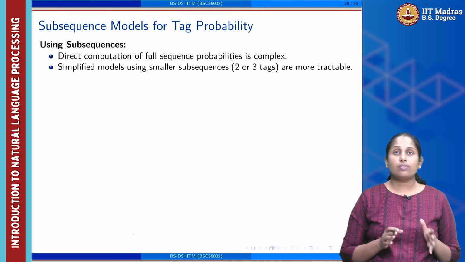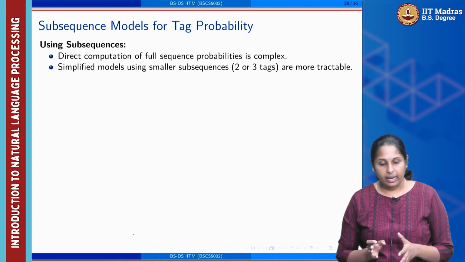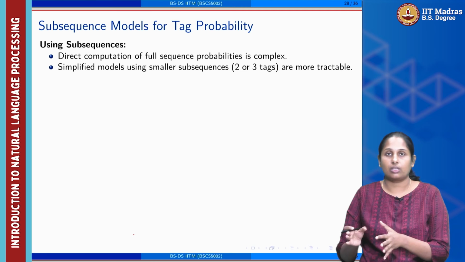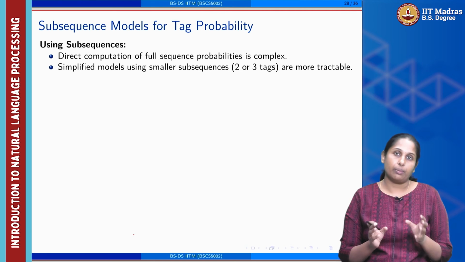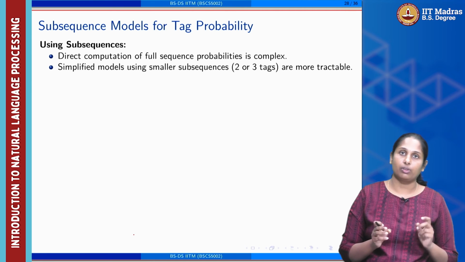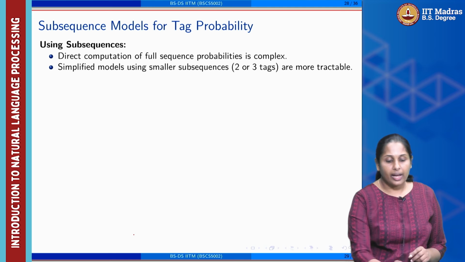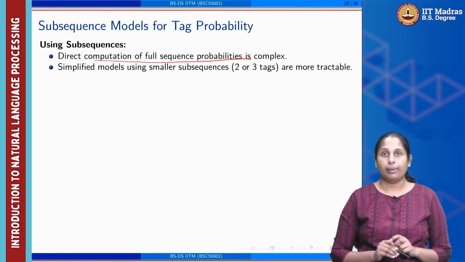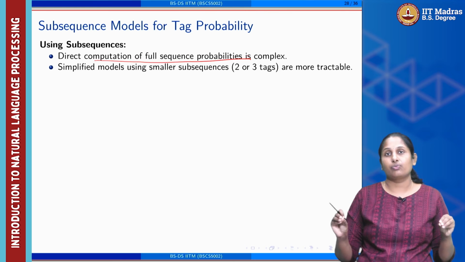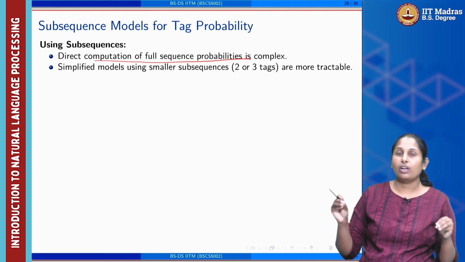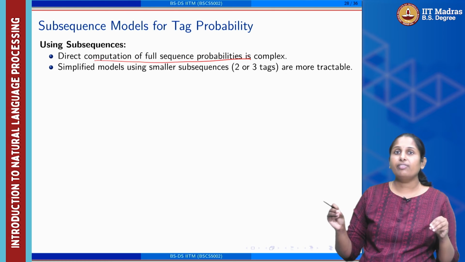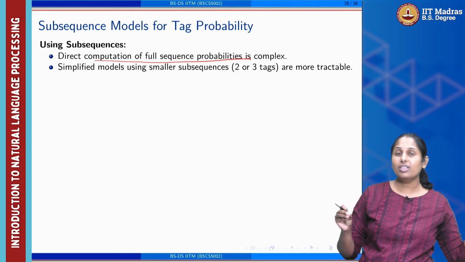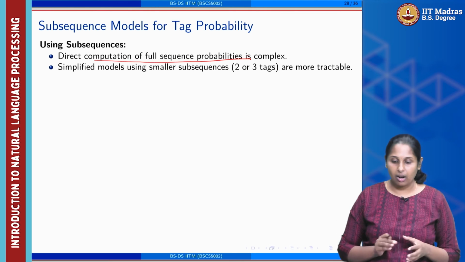Now, the subsequence models for tag probability are again very important because using subsequences helps us identify the best probability of a particular word for the given tag. Direct computation of the full sequence of probabilities is complex because if we have a sentence with, let's say, 14 or 15 words, identifying each word's probability with the previous combinations is really complex.